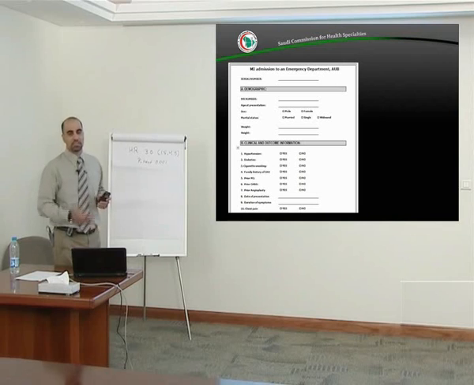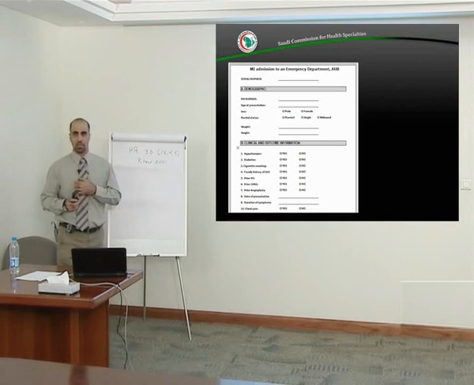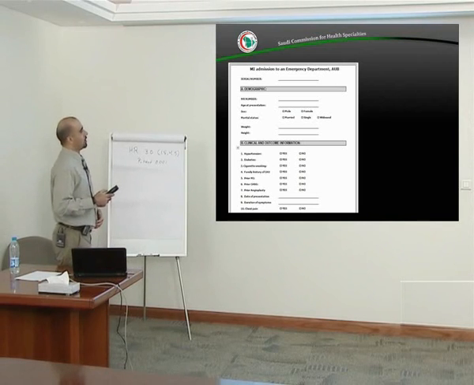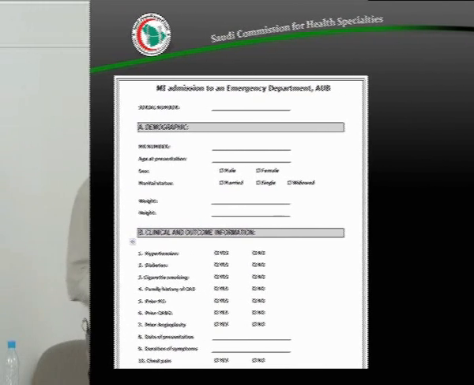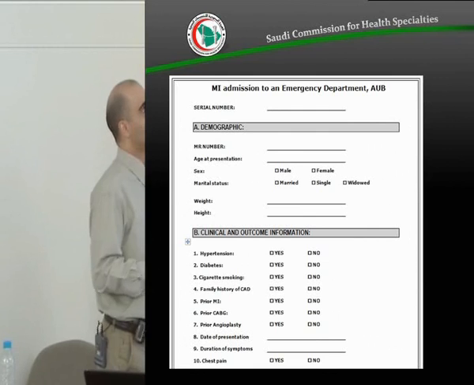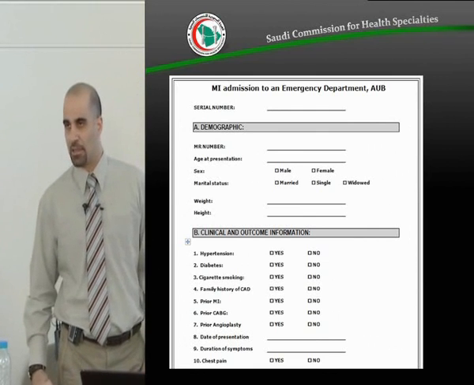So this is an example that I usually use: myocardial infarction admission to an emergency department at a certain institution. Assume that the institution is interested in assessing the characteristics of people admitted to the emergency department.